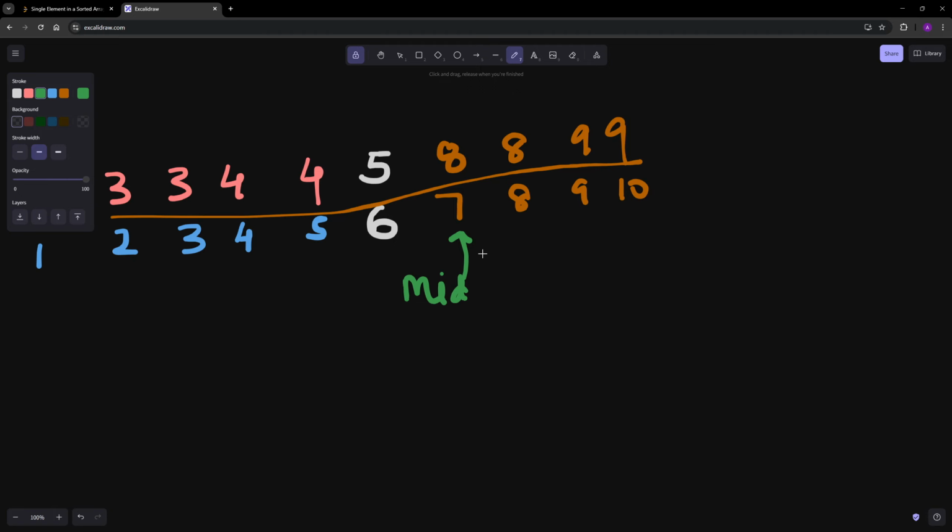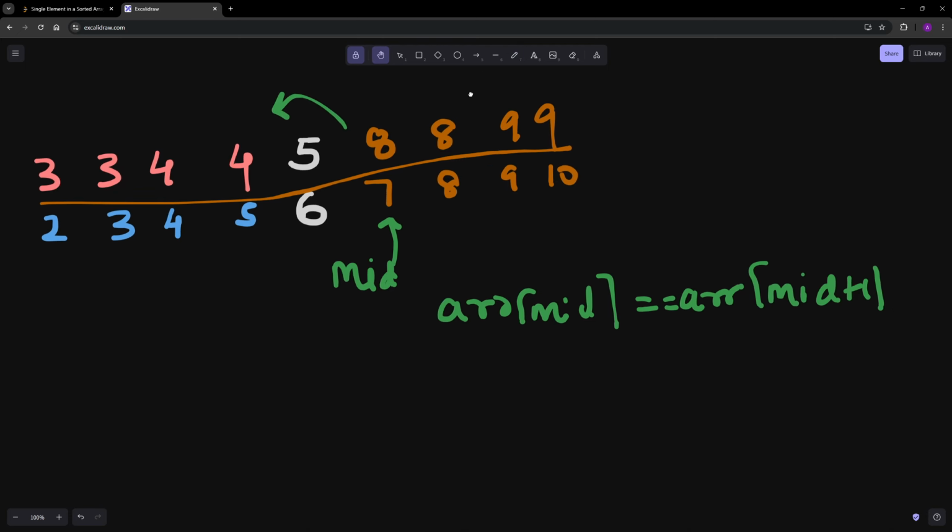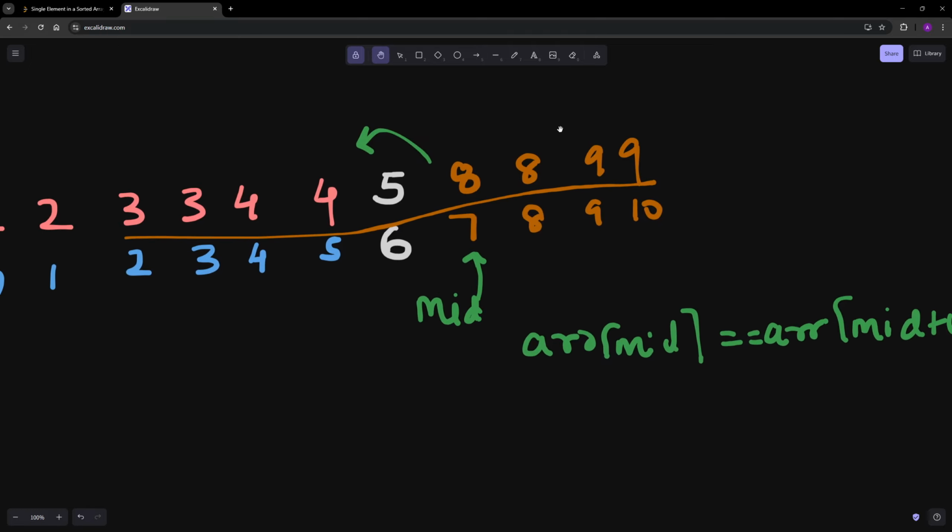One important observation I can make is that if array of mid is equal to array of mid plus 1, where do you think the single element is going to lie? Obviously, from the screen, you can see that it lies on the left hand side. But don't you think that reduces the search complexity for us?